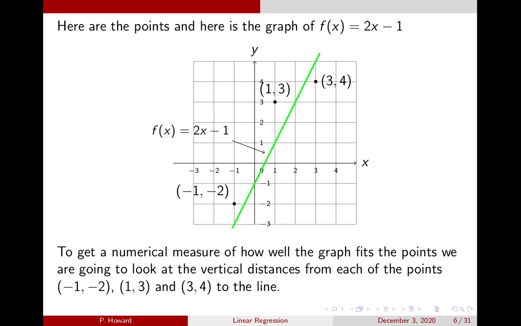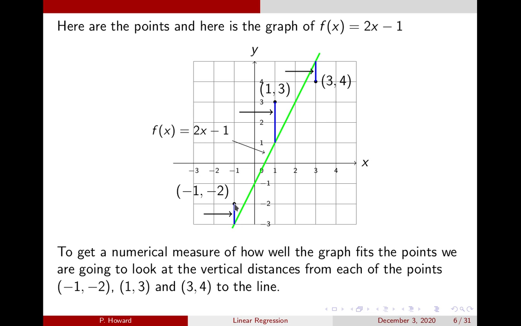So what we're going to do is look at the vertical distances from each of the points, (-1, -2), (1, 3), and (3, 4), to the line. So here are the vertical distances we will be looking at.